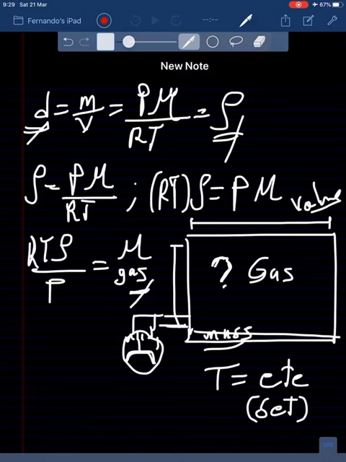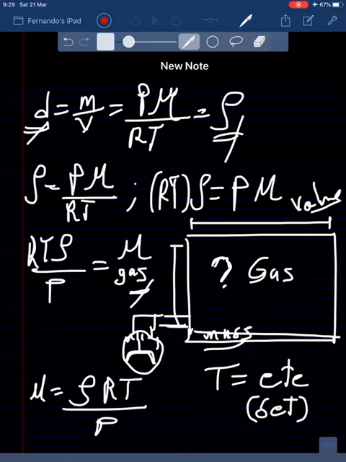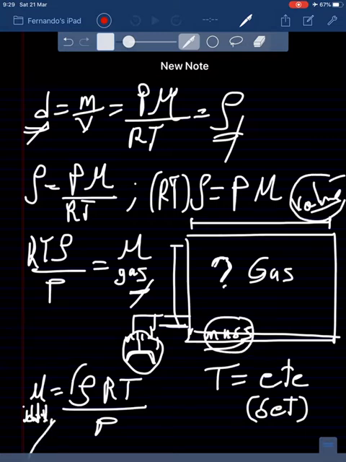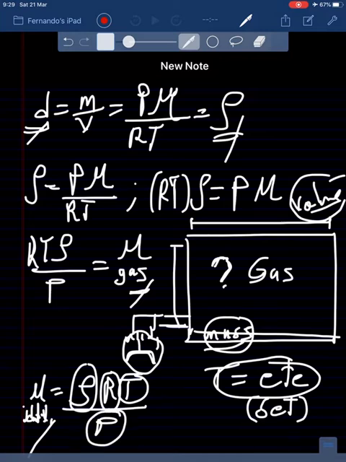Most importantly, the molar mass has to do with density, with R, which is a constant, with T that I am setting, over the pressure that I am measuring. Then I can find out the identity of the gas, because volume and mass will give me density, R is constant, T I'm going to set, and pressure I'm going to measure. So I have everything that I need to give me more information about the system.